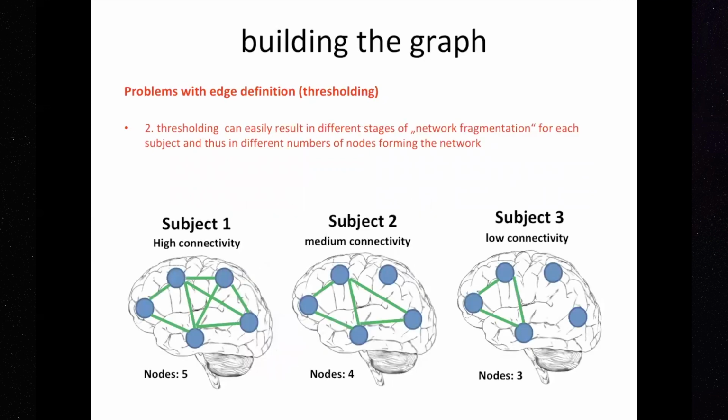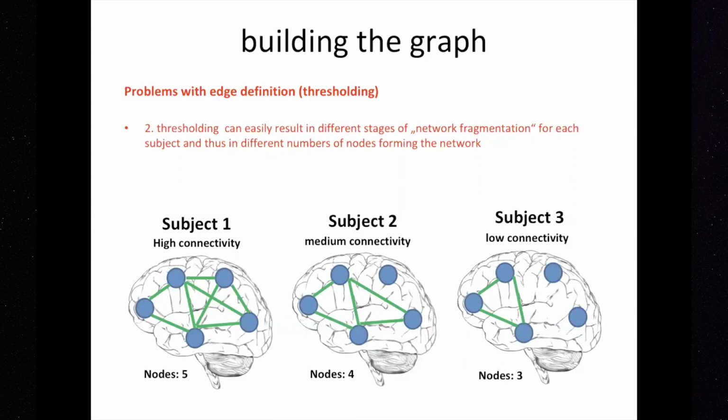Second, thresholding can also easily result in different stages of network fragmentation for each subject, and thus also a different number of nodes forming the network. Here, subject 1 has really high connectivity, and if you have a low absolute threshold, then everything remains. But if you have a subject with a low connectivity, then links are already thrown out, and you see immediately what happens.